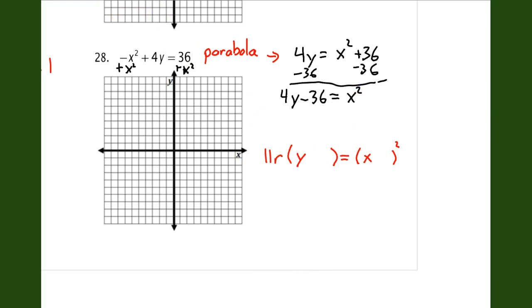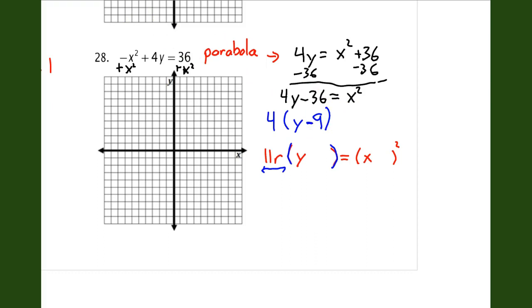So now we want to create this parenthesis here for the y variable, right? So I can do that by getting the LR out, by factoring this out. And you can see both of these divide by 4 evenly, so that makes it easy to work with. So if I factor the 4 out, now I know my LR, and what's left inside is the y minus 9, right?